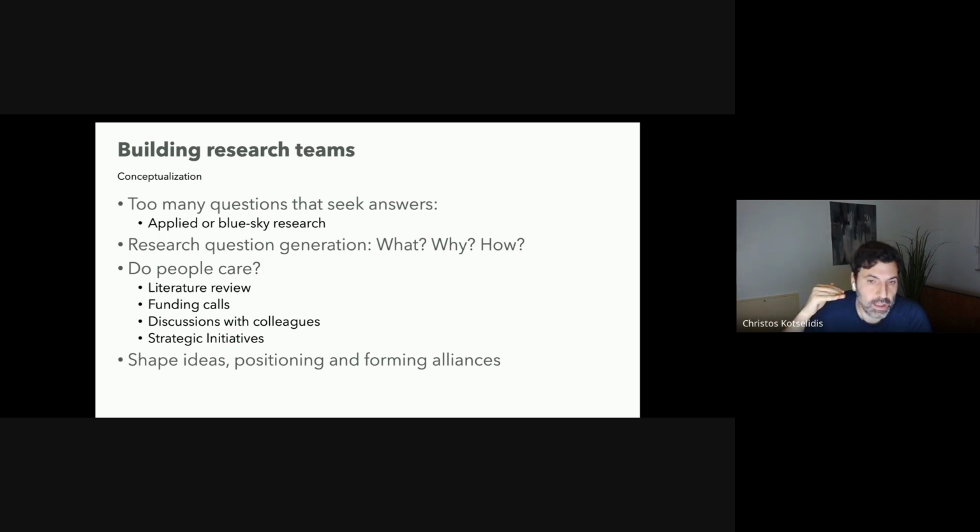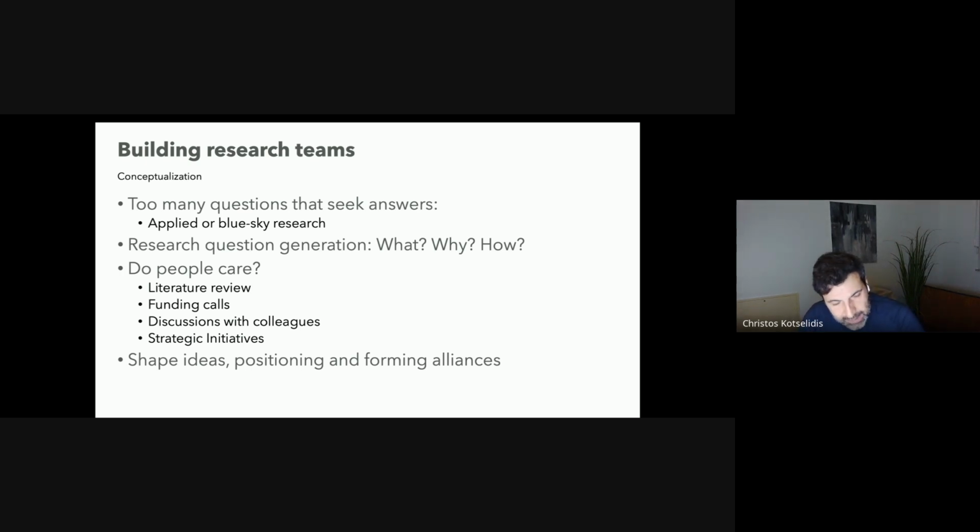For example, 2 days ago, Ursula von der Leyen announced billions of euros of investments in AI. So by combining this knowledge about the papers, the funding calls, discussions, and where the policy makers want to go, you can see whether your ideas fit in this narrative.